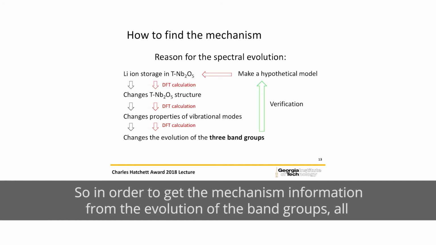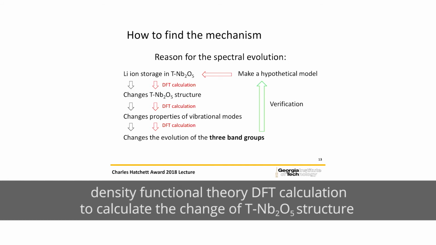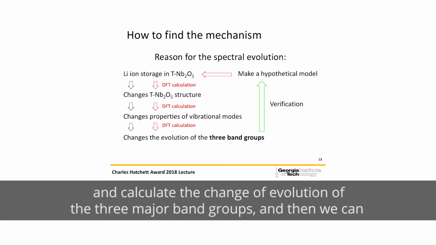So in order to get the mechanism information from the evolution of the band groups, all we have to do is to make a hypothetical model of lithium-ion storage in T-niobium oxide and use density functional theory (DFT) calculation to calculate the change of T-niobium oxide structure caused by lithium-ion storage, and calculate the change of properties of vibrational modes, and calculate the change of evolution of the three major band groups.